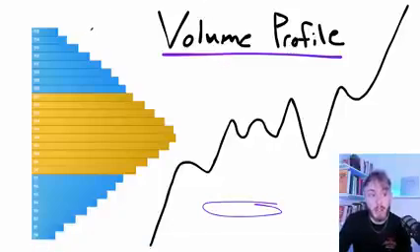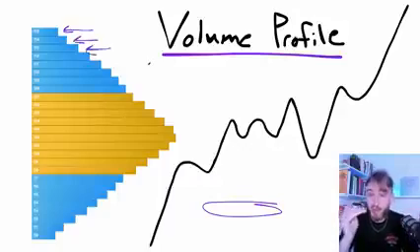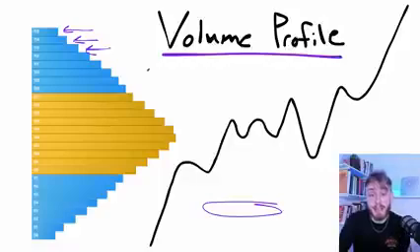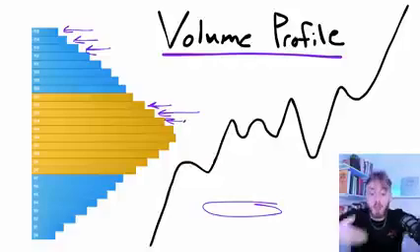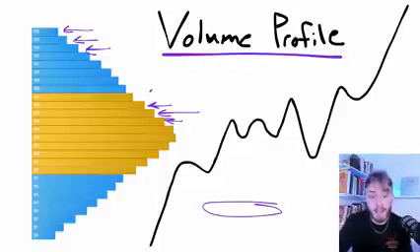So when we have short bars, like right here, and right here, that means that little trading volume and little trading activity appeared at that level. While when we have tall bars, like for example, right here and right here and right here, it means that lots of trading occurred at that level.